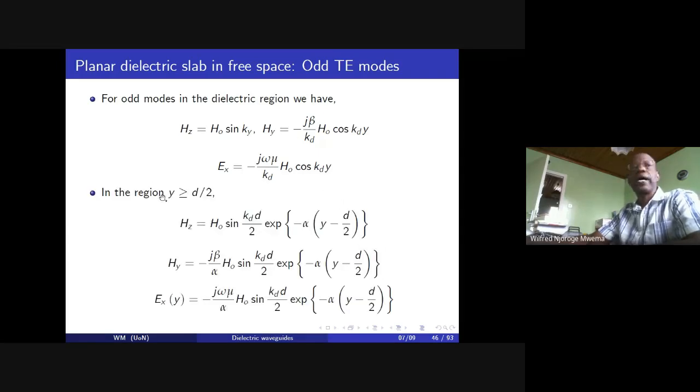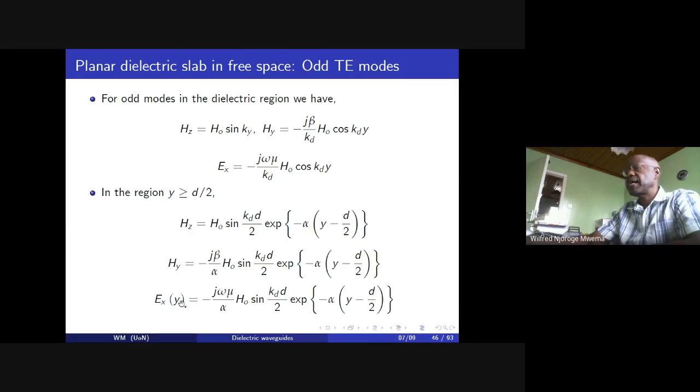So in the region y greater than d by 2, Hz is going to be given by that expression there, and we expect that as y increases towards infinity, this exponent goes towards minus infinity, and therefore Hz decays to 0 as y goes to infinity. And Hy will also have the same kind of variation, as will Ex.